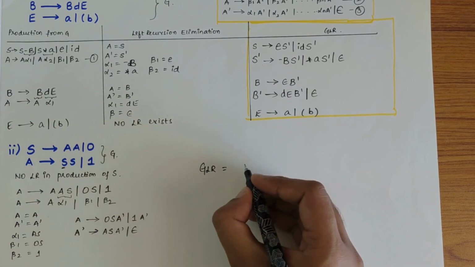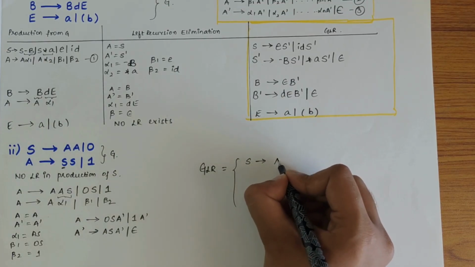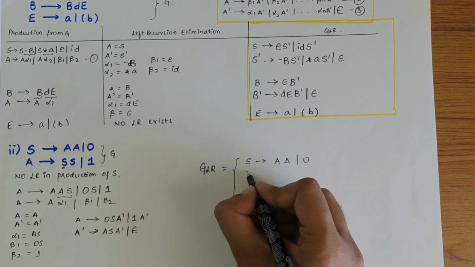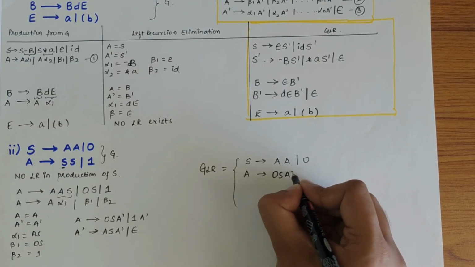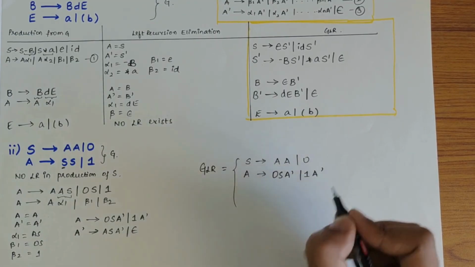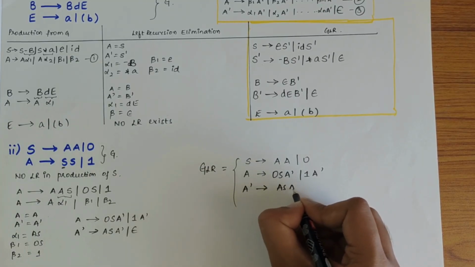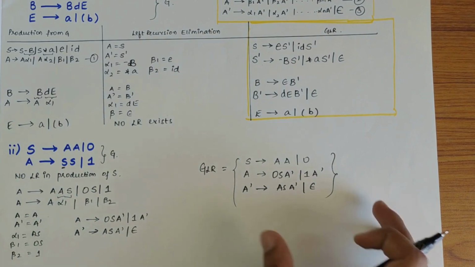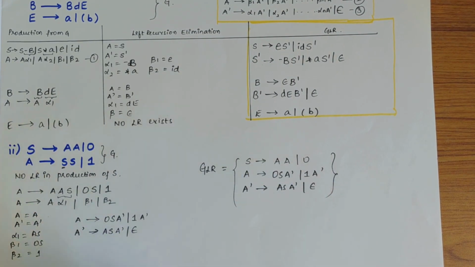It would be S derives A0, the first production as it is. Then A derives 0S A dash, 1 A dash, and A dash derives AS A dash and epsilon. So this is our actual set of productions after elimination of left recursion.